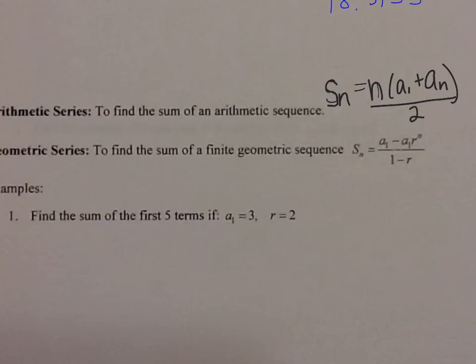S sub n, this guy here, represents the sum of n terms. n is the number of terms you're adding up. So if you're adding up 8 terms, n would be 8.